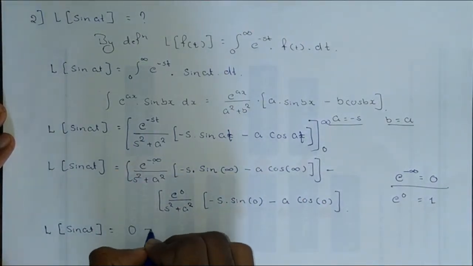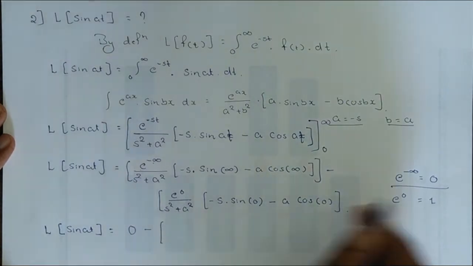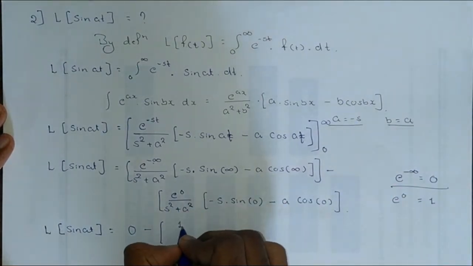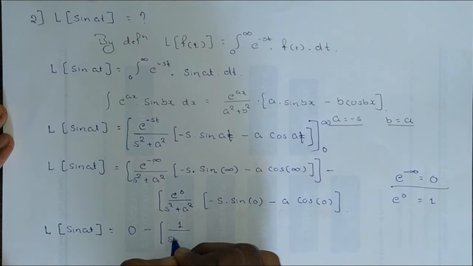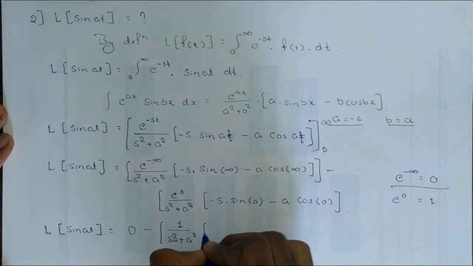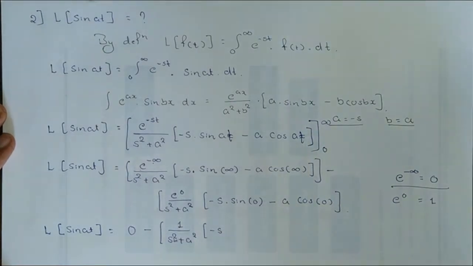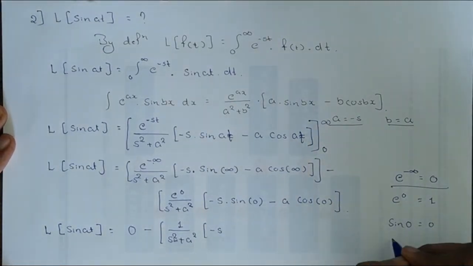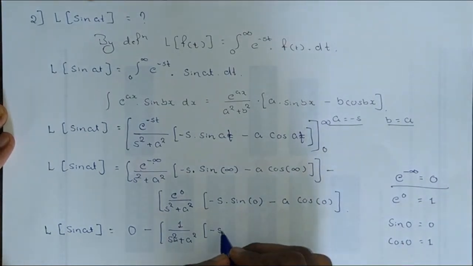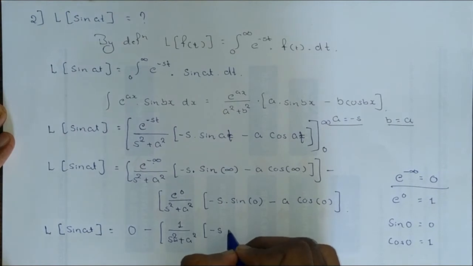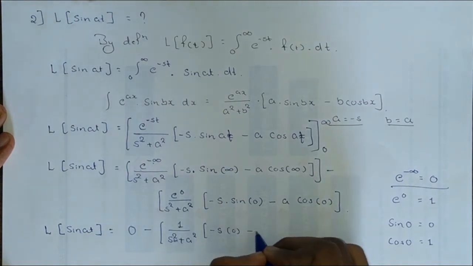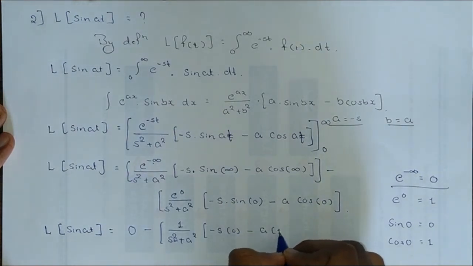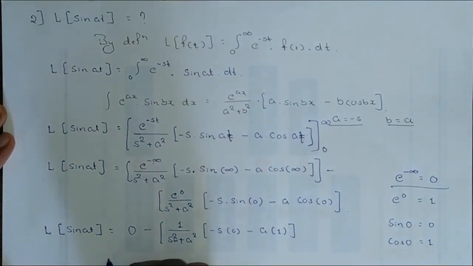So 0 minus e raised to 0 means 1 upon s square plus a square, minus s. Now what is the value of sin 0? Sin 0 is 0 and cos 0 is 1. So sin 0 becomes 0, minus a cos 0 is 1. So it's 1.